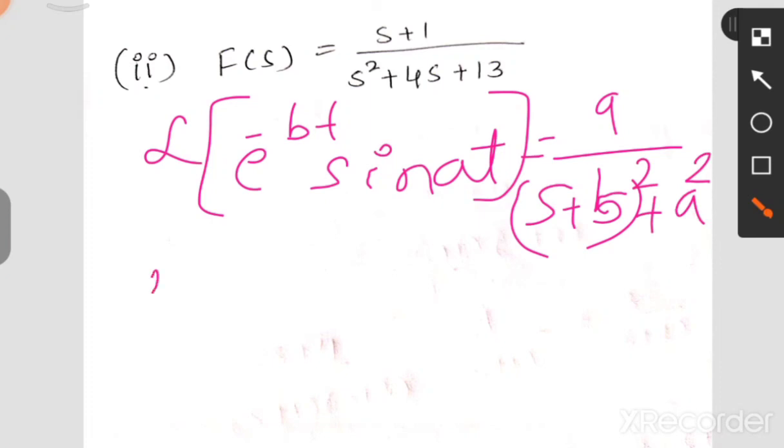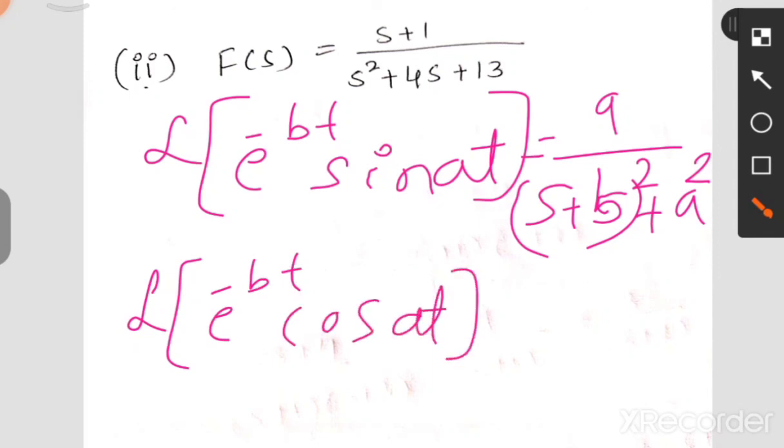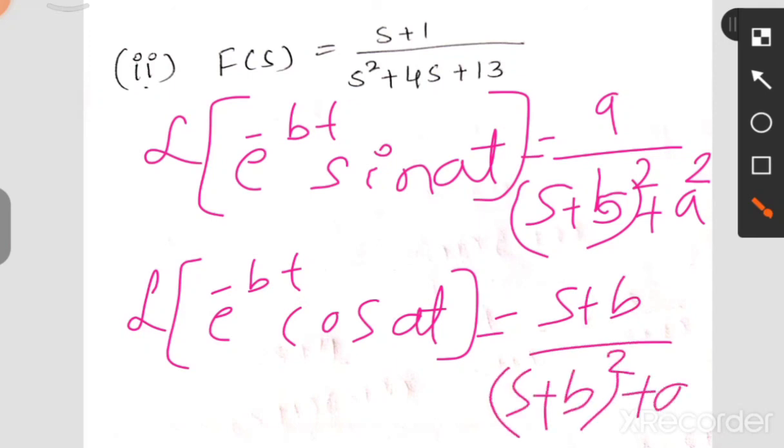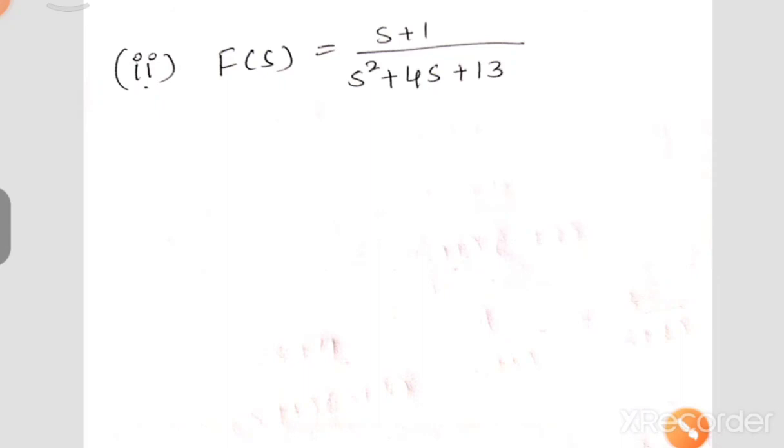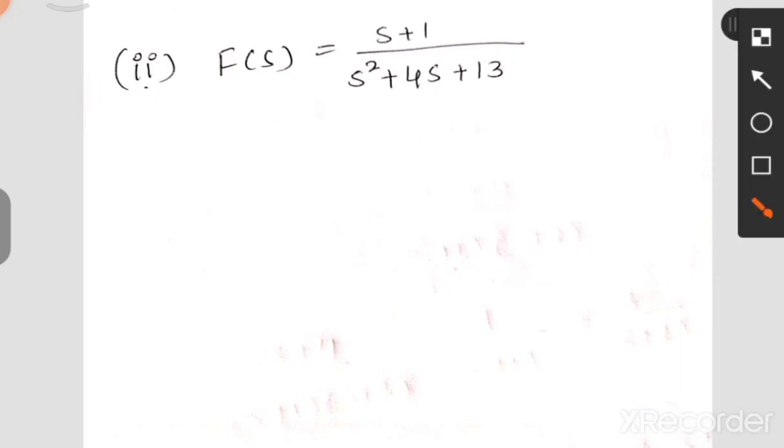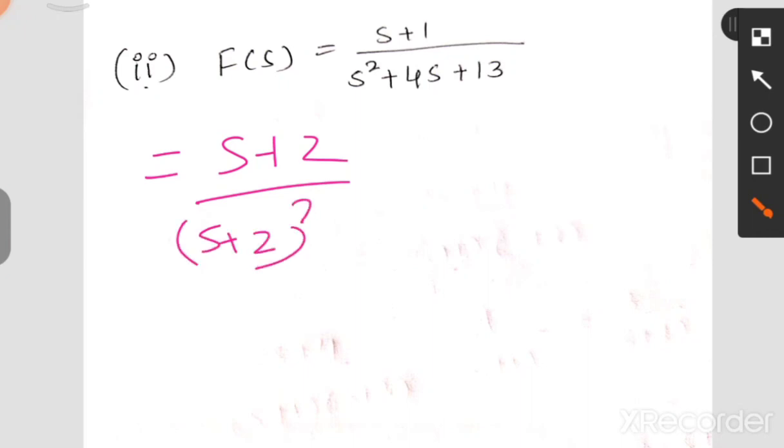Similarly, Laplace transformation of e raised to minus bt cos at is s plus b divided by s plus b whole square plus a square. Now we'll compare those two. Cos is not a problem for us because of the first factor, which is s plus 2 divided by s plus 2 whole square plus 3 square.